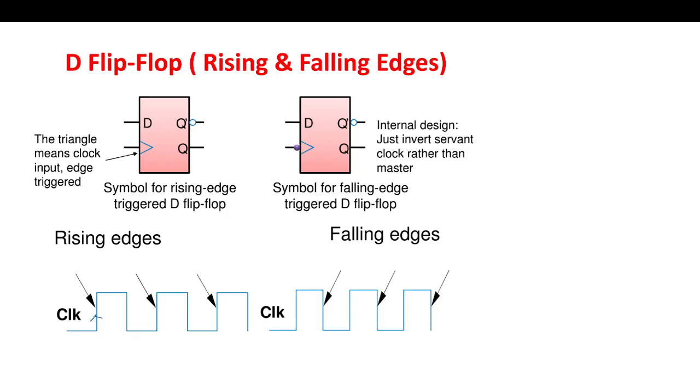This is the rising edge and this is the falling edge. In Verilog, posedge is used for the rising edge and negedge for the falling edge.